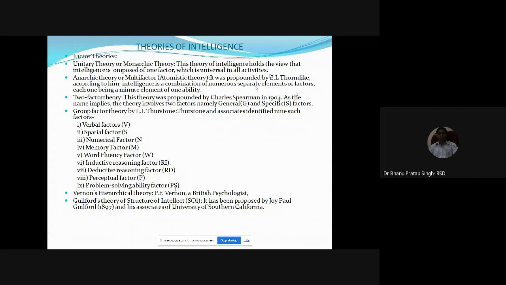He was the British psychologist. He has also given a theory on intelligence. Guilford's theory is there on the structure of intellect. It has been proposed by John Paul Guilford at the University of Southern California. So this is a very brief discussion about the theories of intelligence.